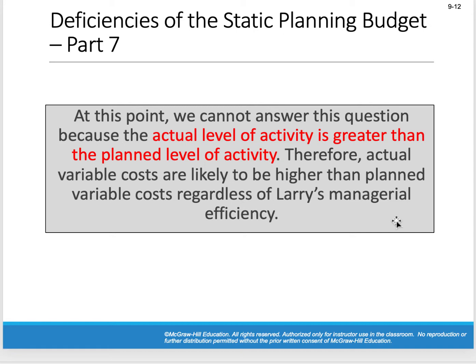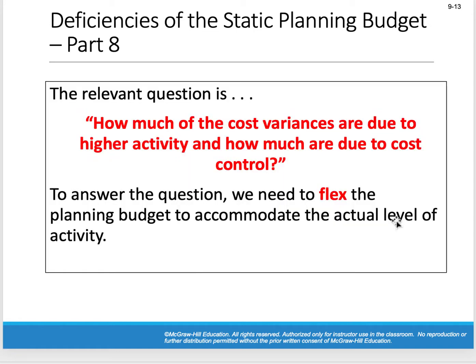So right now, just like we previously mentioned, we cannot answer any of those questions because the activity level is greater than the planned level. And when that happens, the variable costs are usually going to be higher than what we planned. So we cannot say for sure that Larry did a good job managing the costs, okay?